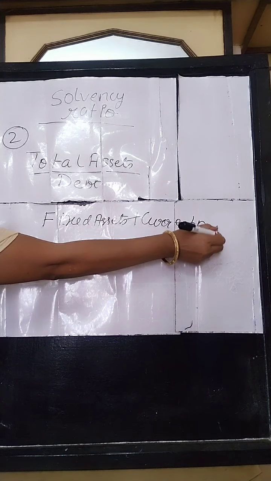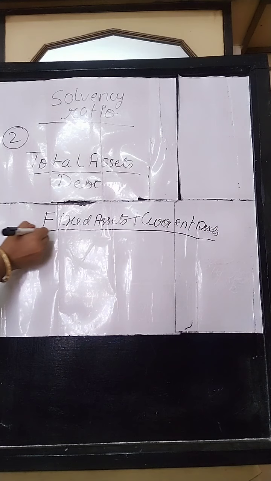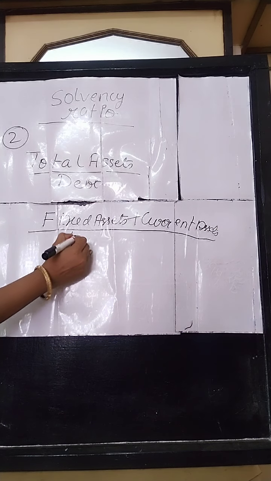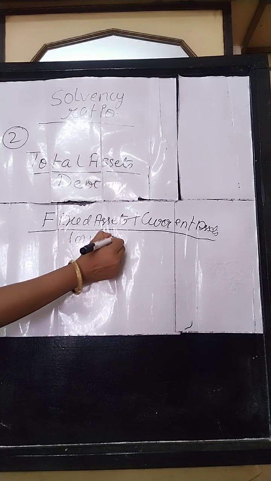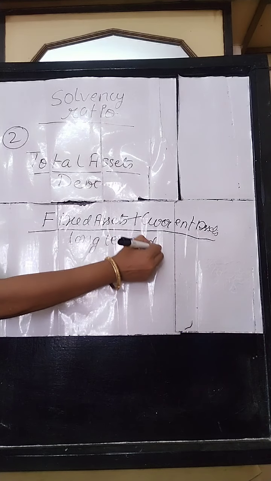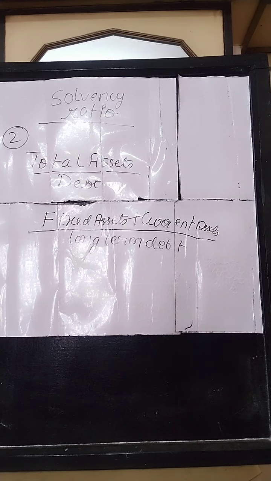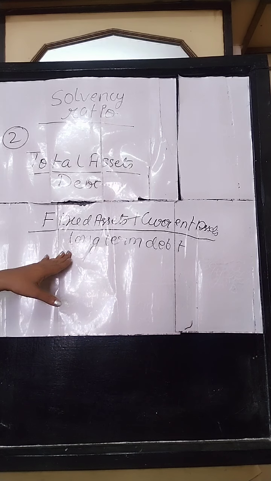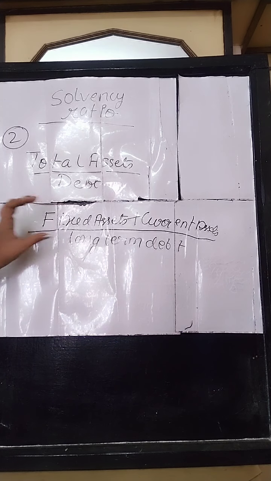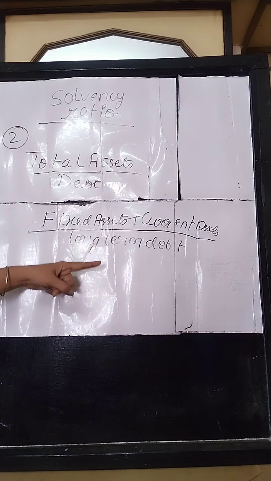Whereas in the debt part we again have the long-term debt which we did in the debt equity ratio. So fixed assets and current assets will come in the numerator and long-term debt in the denominator, and then we find the ratio by dividing both.